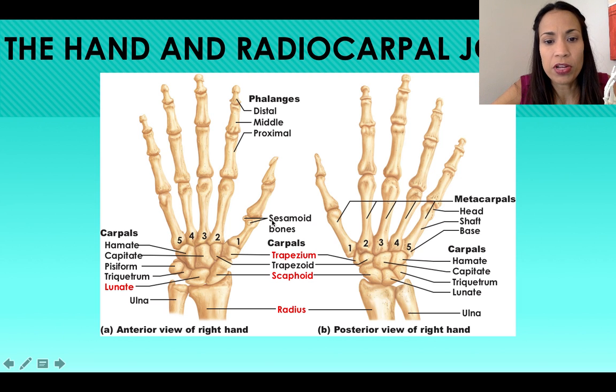So here is the pollex. It has the first metacarpal, the proximal phalanx, and the distal phalanx. The rest of the fingers have a metacarpal, a proximal phalanx, a middle phalanx, and a distal phalanx.